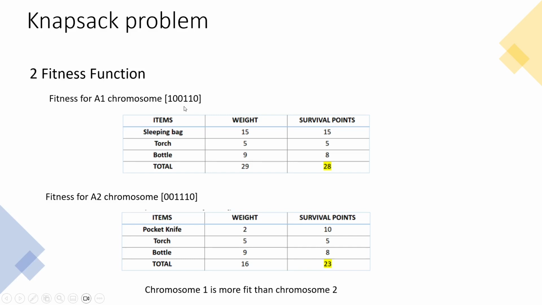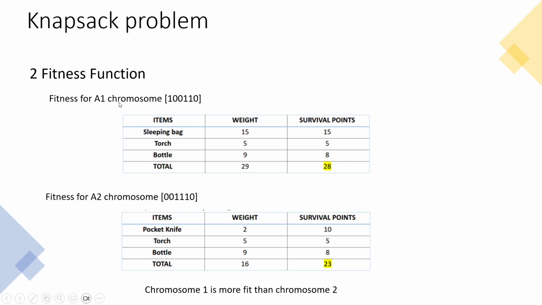This chromosome says you can carry the first item, which is I think the sleeping bag. You cannot carry the second and third item. You can carry the fourth and fifth items, which are the torch and bottle, and you cannot carry the last item. Their total weight is 29, which is below 30, and their total survival point is 28. So this is the fitness for the A1 chromosome.